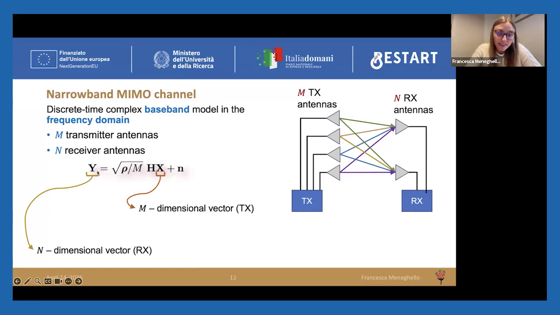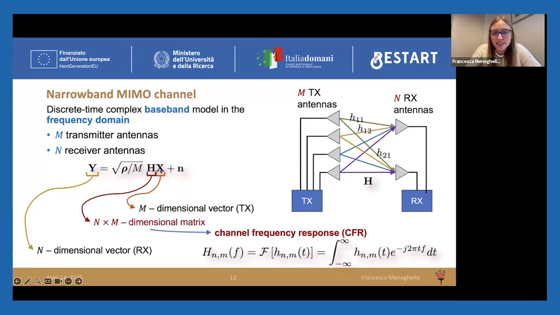Y is the received signal, again in the frequency domain, and this is an N-dimensional vector, and they are linked by the channel frequency response, where each element of the channel frequency response is the Fourier transform of the impulse response for that specific link.